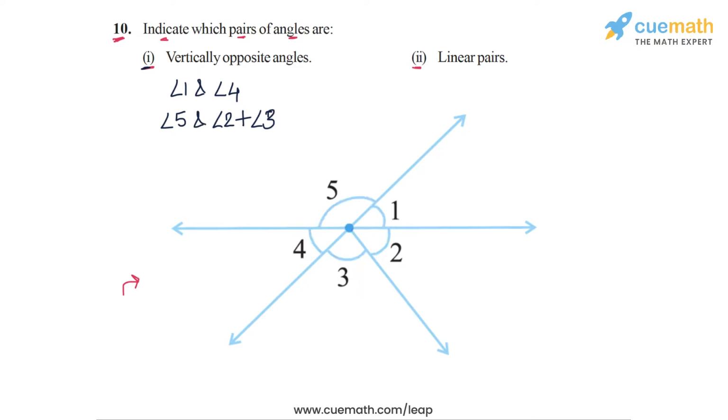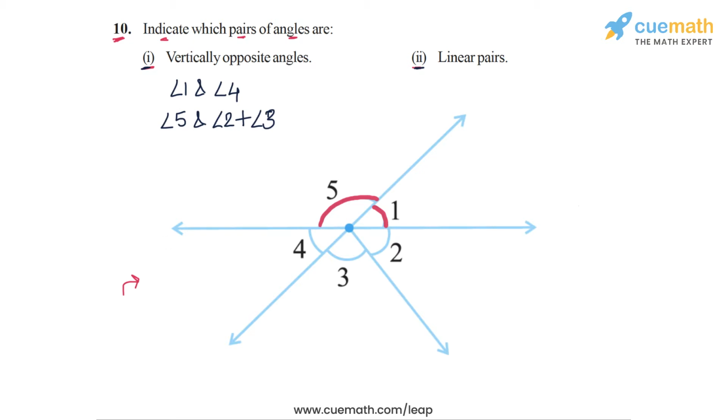Okay, then in part 2, we have to identify linear pairs of angles, like pairs of angles formed on a straight line. If you observe the figure carefully, we can see that angle 5 and angle 1, these two angles form a linear pair of angles.